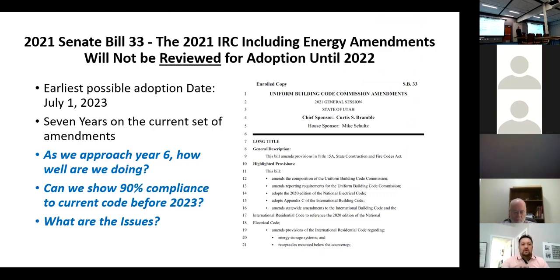And we might say, oh, that's shameful. We should be on the right code. Well, guess what? I don't think we're completely complying with the code that we've been on for almost 6 years right now. So maybe the next 2 years, while we're getting ready to adopt the new code, whatever it's going to look like, we can step up a little bit and do a little bit more in making sure we're complying.